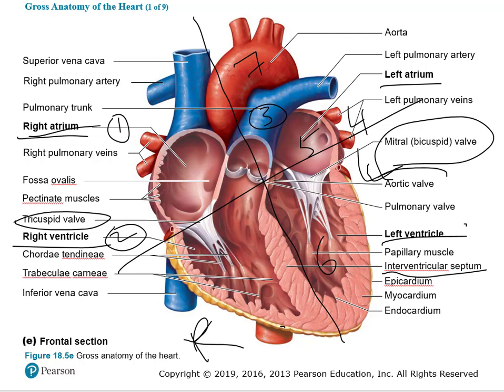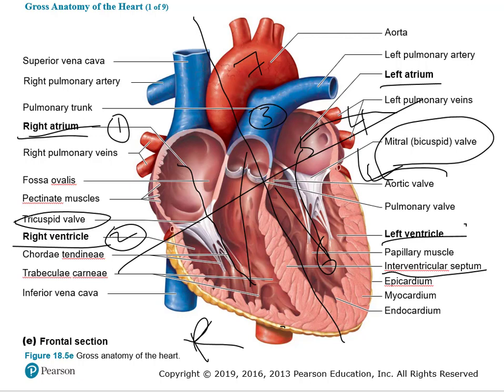We'll look into it once again in detail, but for now, let's look at the anatomy portion of it. As the blood enters the right atrium, it goes through the tricuspid valve into the right ventricle, and through the pulmonary artery, and then back from the pulmonary vein into the left atrium, to the left ventricle, and then up into your aorta.